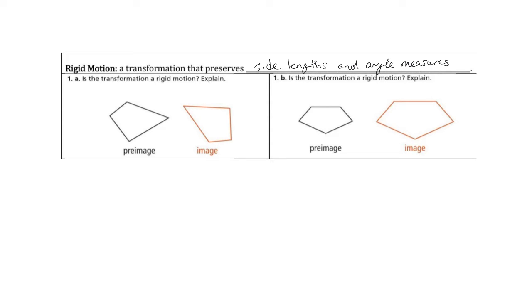Their directions may change, and where they are on a graph may change, but their side lengths and angle measures stay the same. Essentially, the shape and size does not change.